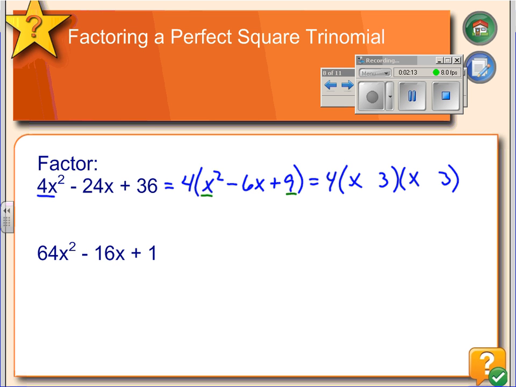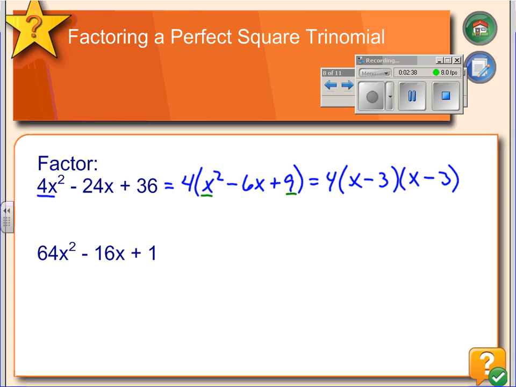This time we want 3 to come out positive, so plus 3 would give us plus 9, but it needs to be negative in the middle instead of canceling. So if we go minus 3, this will give us negative 6x when we do outside times inside, and positive 9 when we do the last times the last.